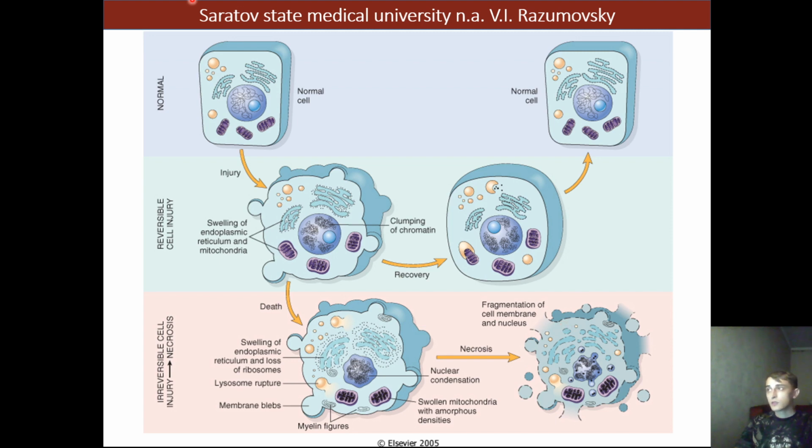You can see a normal cell, after that it took injury, and from this point it has two ways: the way to death and the way to recovery. If the cell goes the way of recovery, it becomes a normal cell. If it goes the death way, it will go to necrosis. About apoptosis we will talk later.